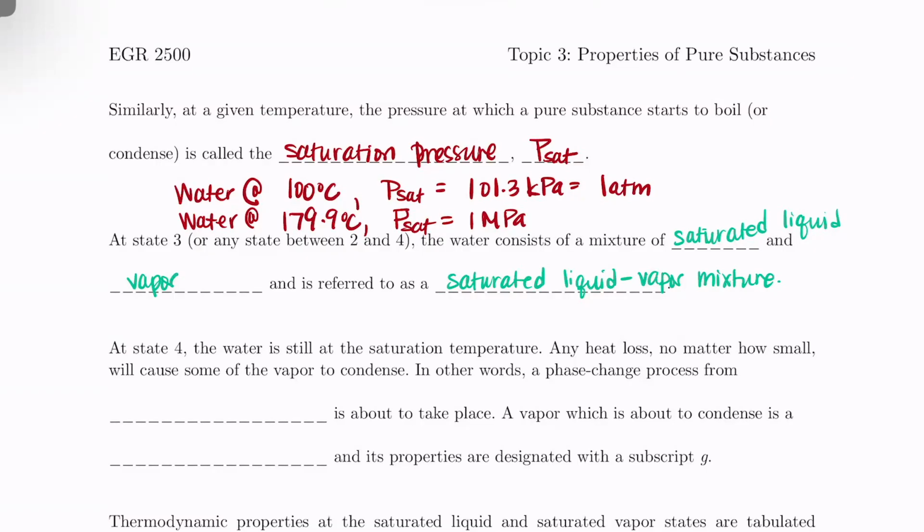And when this happens, any heat loss, even if it's very, very small, will cause some of the vapor to condense. And so in other words, a phase change process from gas to liquid is about to take place. A vapor which is about to condense is called a saturated vapor.